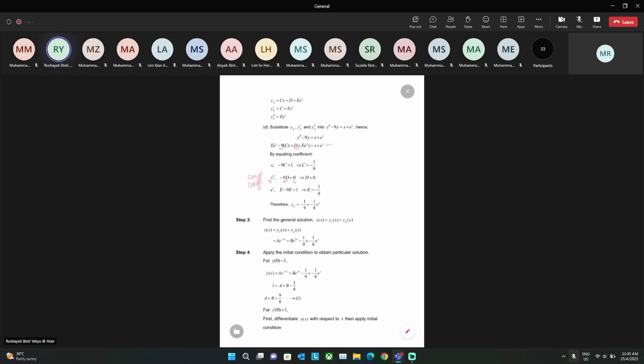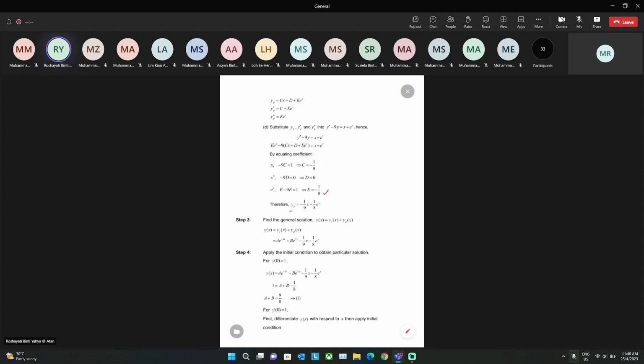And then for the exponential X coefficient, you have E. Exponential X, 9E. So negative 9E equal to 1, due to this. So E you will get negative 1/8.